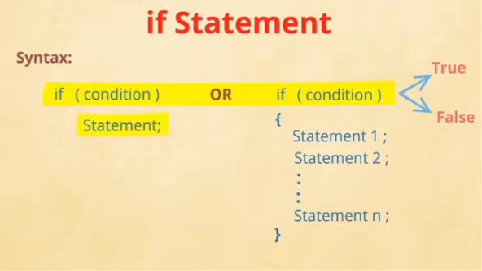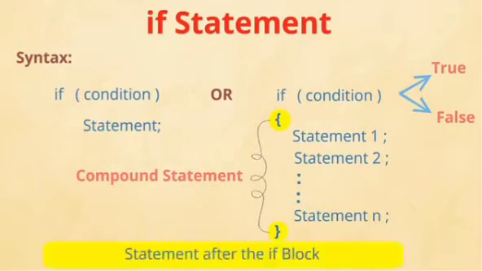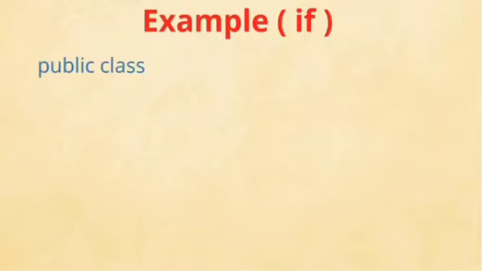Last year we studied some algorithms using this if-else. That same method is applicable here also. A statement that includes one or more statements within it, marked under curly brackets, is known as a compound statement. Let us discuss one example of if.